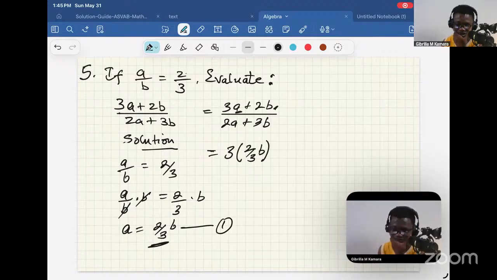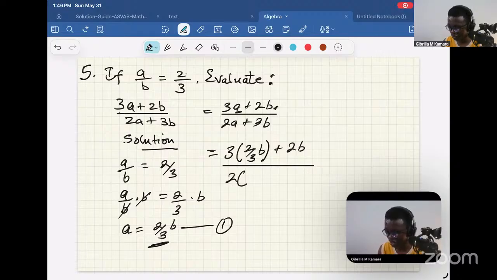The next thing is plus 2b, then everything here divided by 2, instead of a, you put again 2 over 3b, then plus 3b, because we want to solve in terms of b.